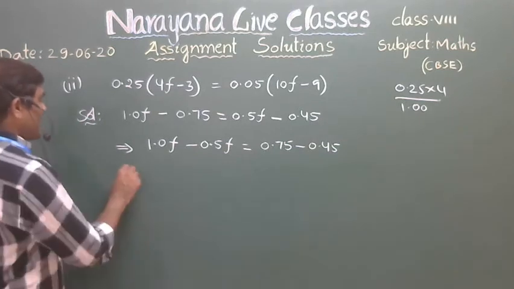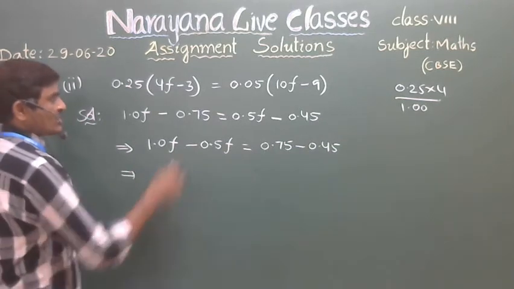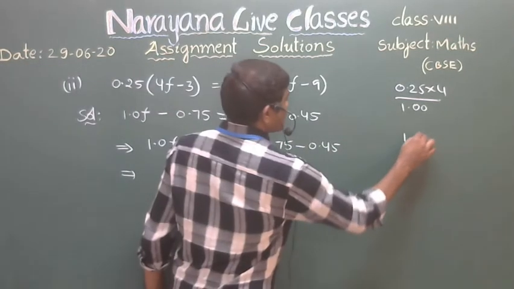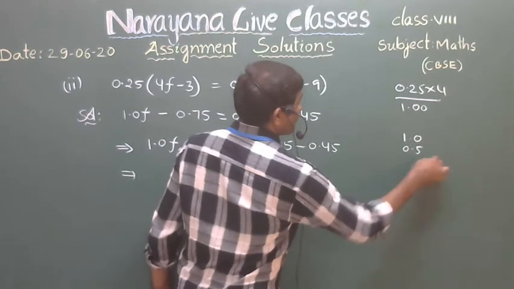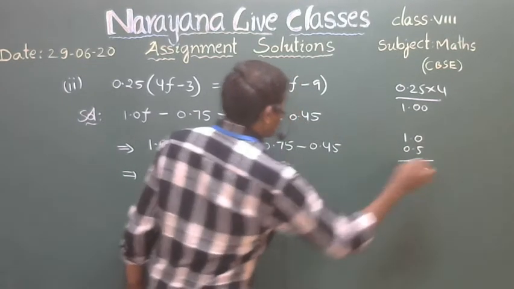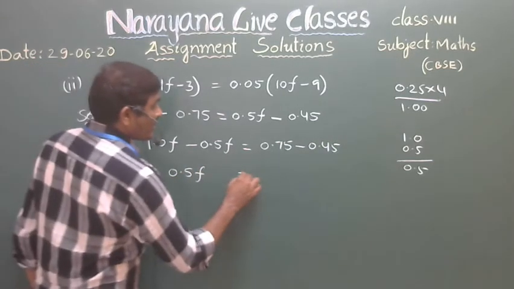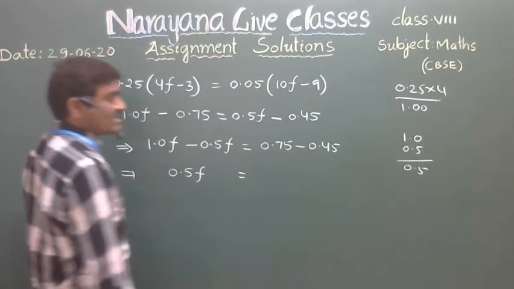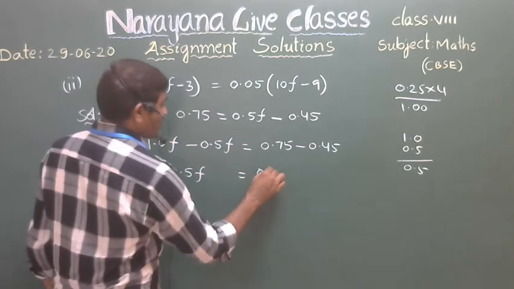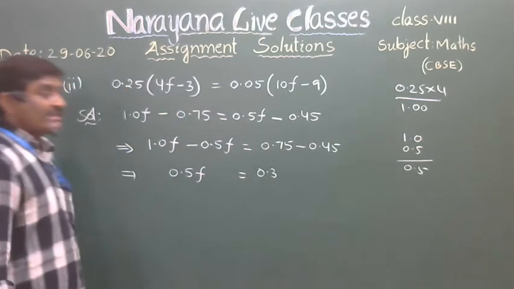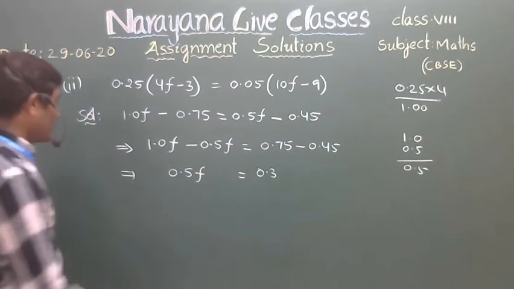When you simplify 1.0 minus 0.5, we get 0.5 only. So 0.5f is equal to 0.75 minus 0.45, equal to 0.30, nothing but 0.3.